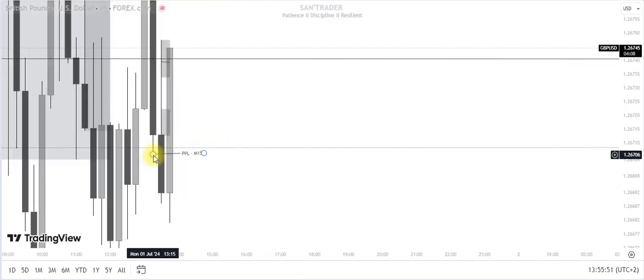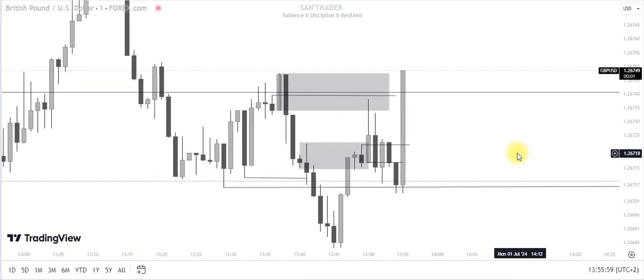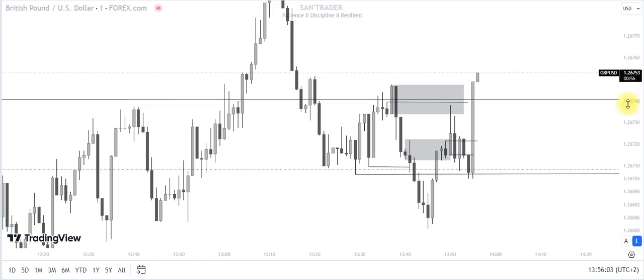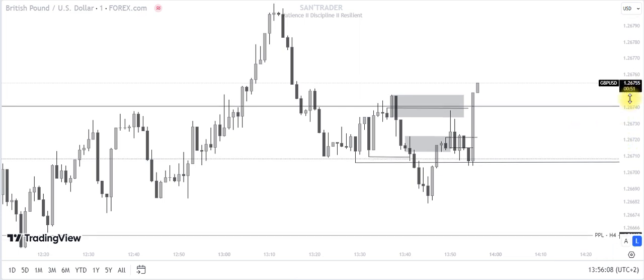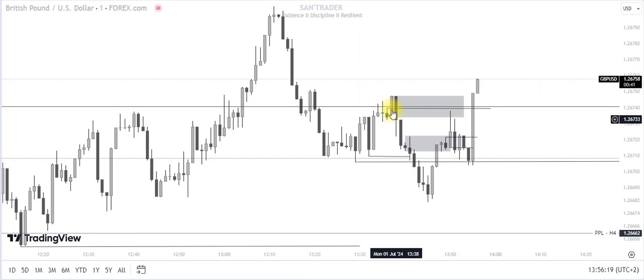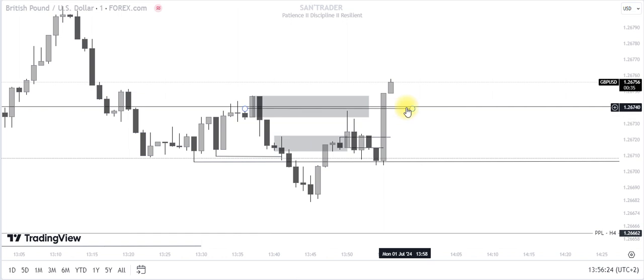Remember when you marked this, right? See they've validated this one, so they can use this as what? Support. It was supposed to be resistance, right? This M1 PPL was supposed to be resistance, so they validated this. This can be used as support.